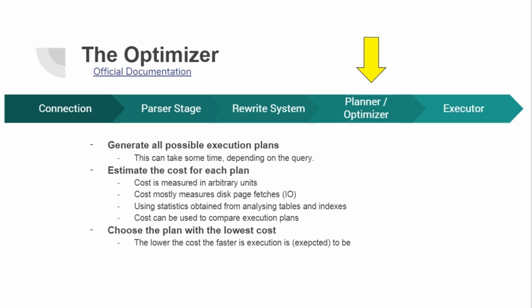A cost-based optimizer starts by generating all the possible execution plans for a query. The bigger the query, the more possible execution plans there are. So, for example, if we have a where condition on a field, one way of executing the query is scanning the entire table.